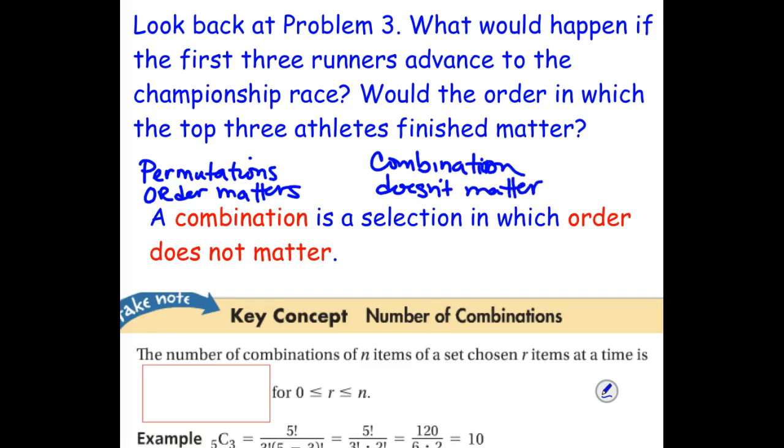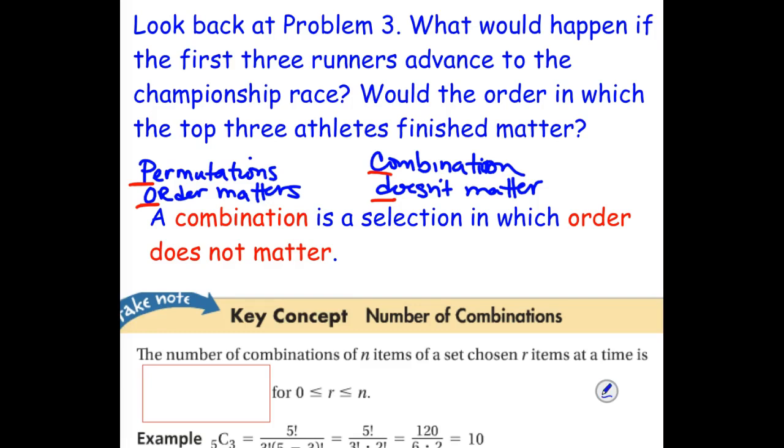Okay? And this is the trick I use to remember them. If you come up with your own trick, that's fine. But I think in terms of the alphabet. P and O are next to each other in the alphabet, yes? So permutation and order go together. Combination, C, D for doesn't. Those go next to each other. So combination doesn't matter. Permutation, order matters. Okay?